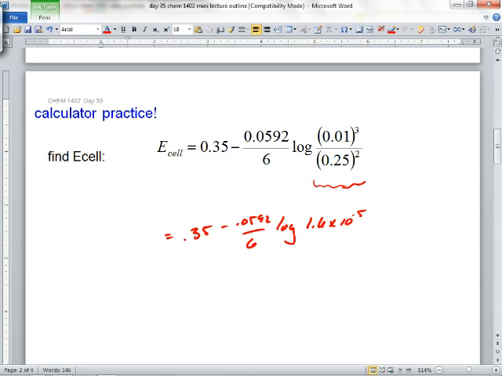If you want to write more intermediate steps, fine. Anyone having trouble getting 0.01 cubed over 0.25 squared to be 1.6 times 10 to the negative 5? Make sure you can get this, otherwise these problems are going to be really frustrating. All right, now's the time to knock this out. Sochi, you got it?